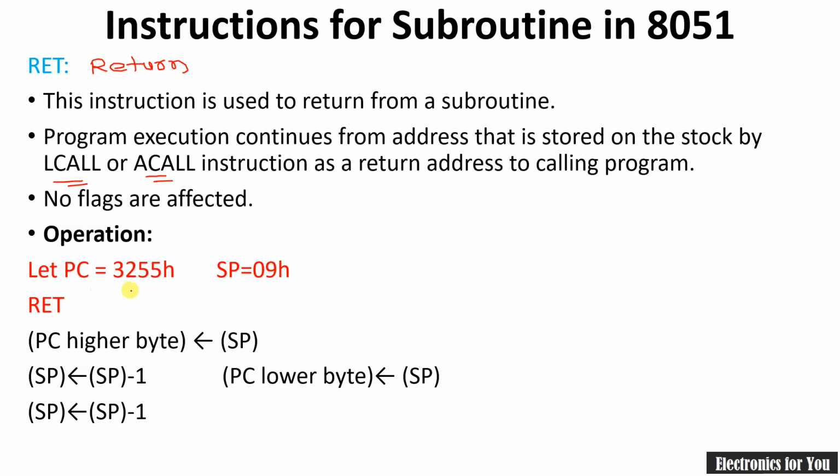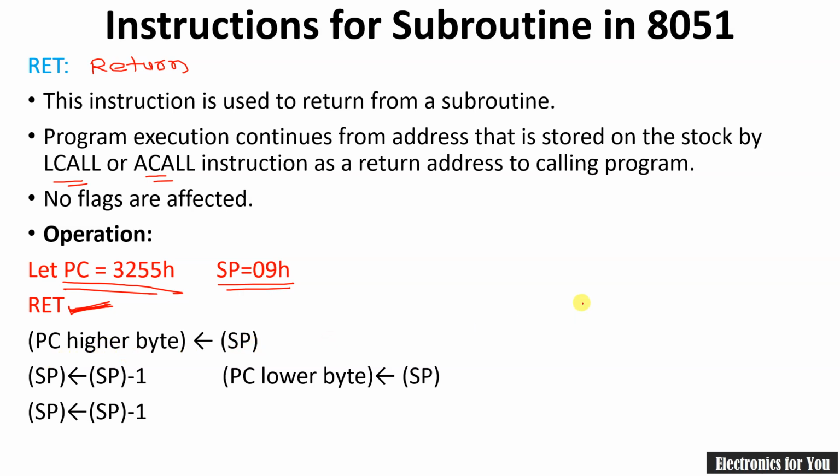Now let us assume the operation here. Let the PC be 3255 and the stack pointer be at address 09. After execution of the return instruction, at the end of the subroutine, first the higher byte is taken from the stack.